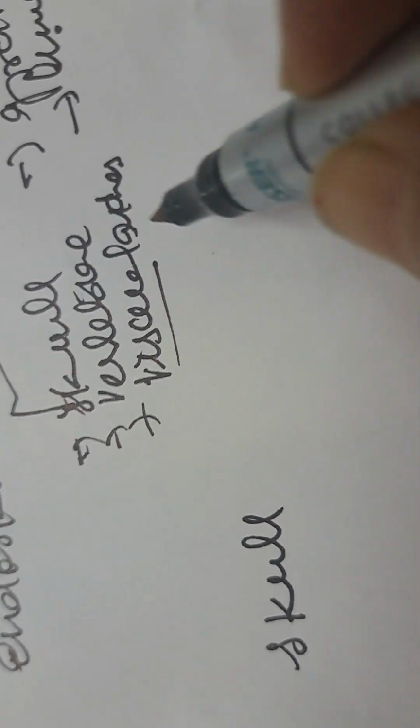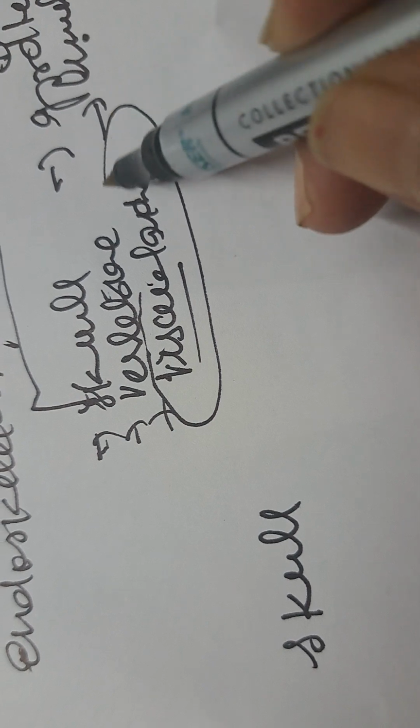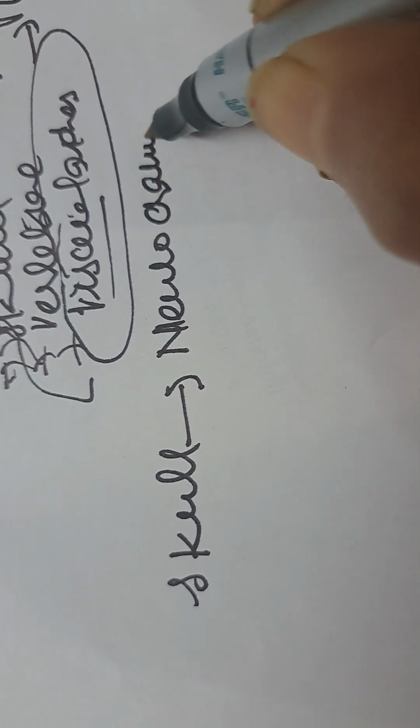So if we look at the skull, this visceral arches is a part of the skull. It has three parts. One is neurocranium, also called brain box, or chondrocranium. What does chondrocranium mean?